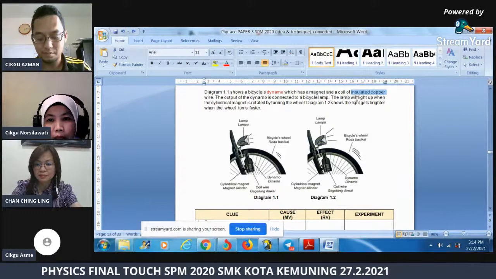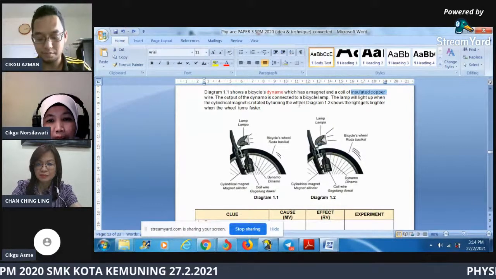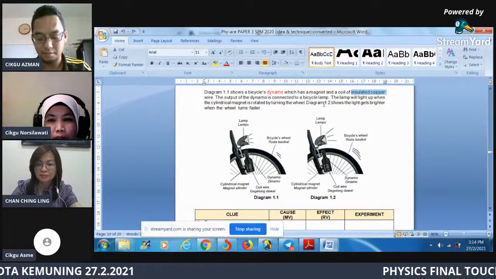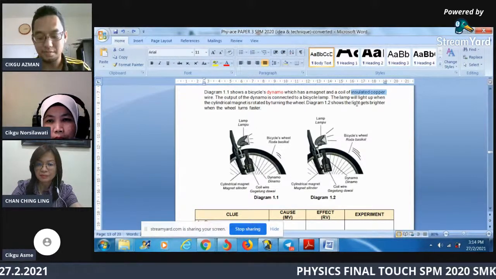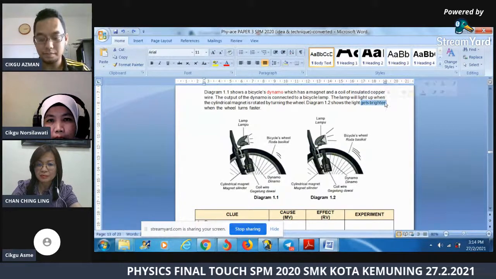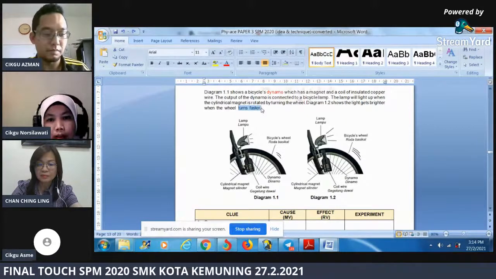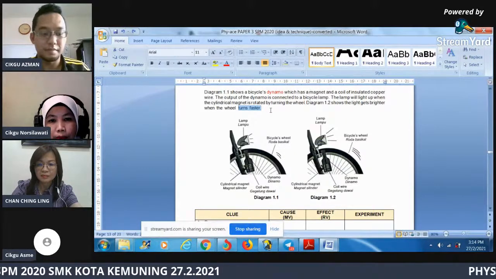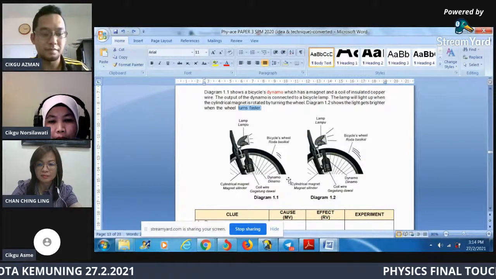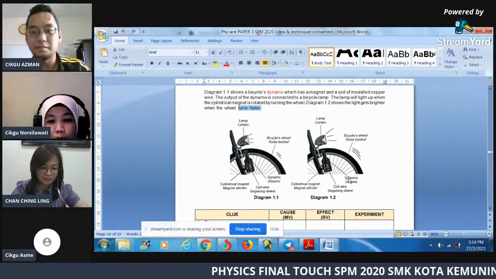The lamp will light up when the cylindrical magnet is rotated by turning the wheel. In diagram 1.2, the light gets brighter when the wheel turns faster. Normally they will give two diagrams, diagram 1.1 and diagram 1.2.